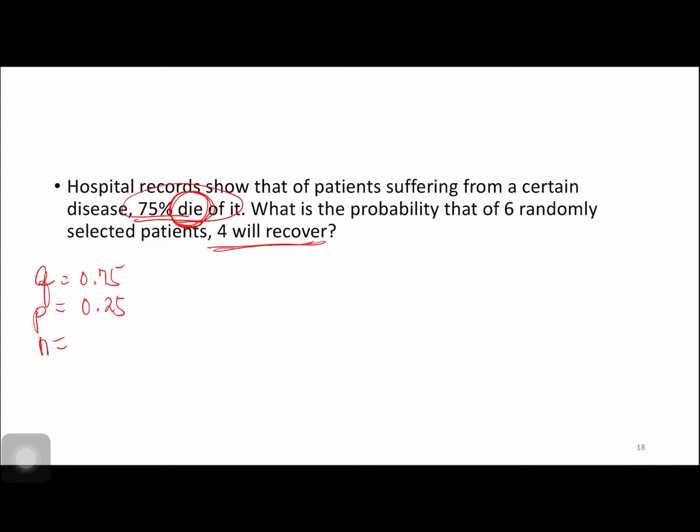0.25. Our N is 6. Our R is 4. So we have here P of R equal to 4. That is equal to 6C4 times 0.25 raised to 4 times 0.75 raised to 2.